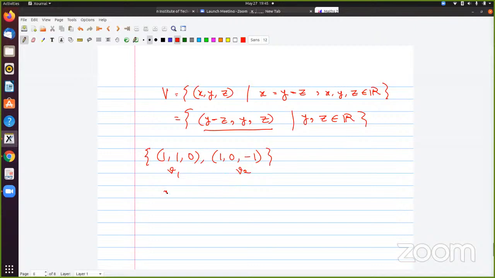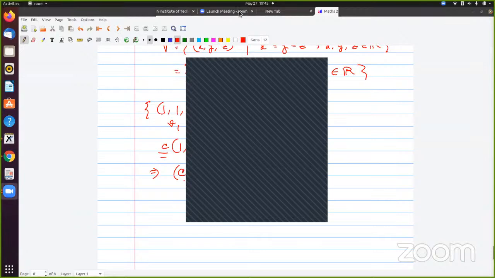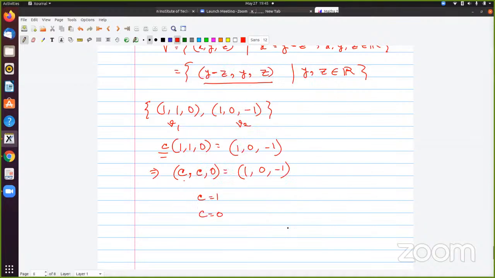Basically, is there any real number C such that this holds? If this has to hold, the first coordinate gives C equal to 1 and the second gives C equal to 0. The third gives 0 equal to minus 1.